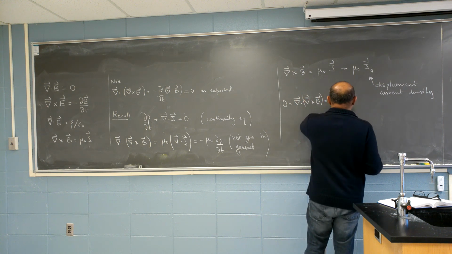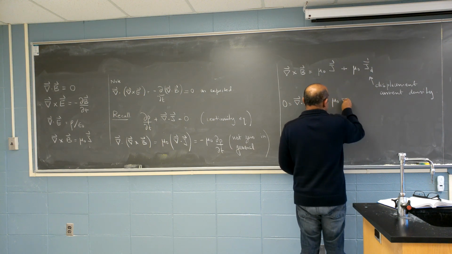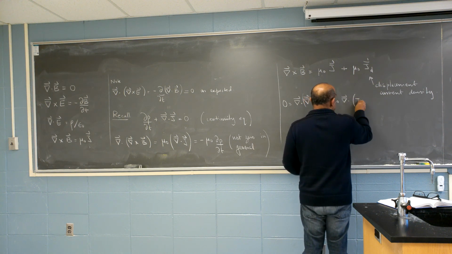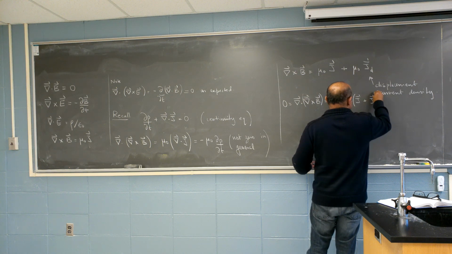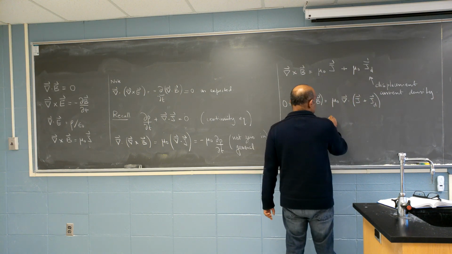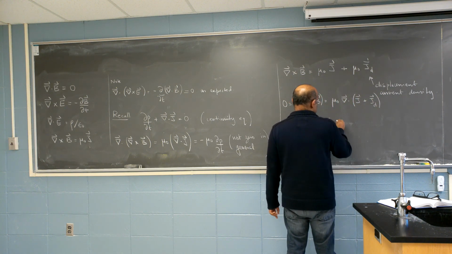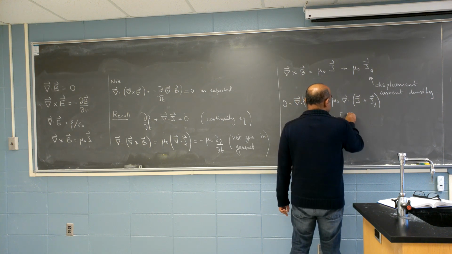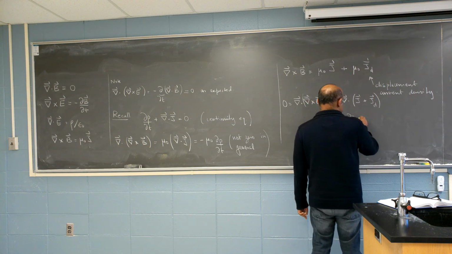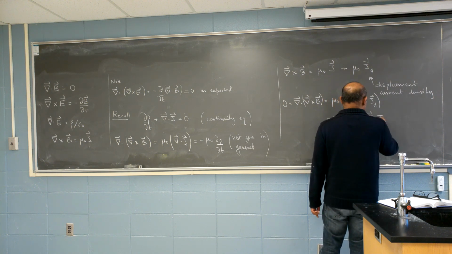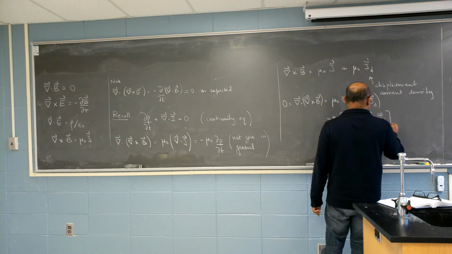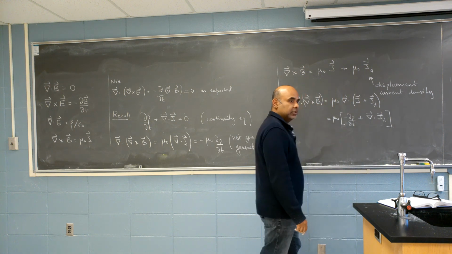Oh, I can even do this. Mu 0 divergence of J plus JD, which is equal to mu 0 times minus d rho dt plus divergence of JD.